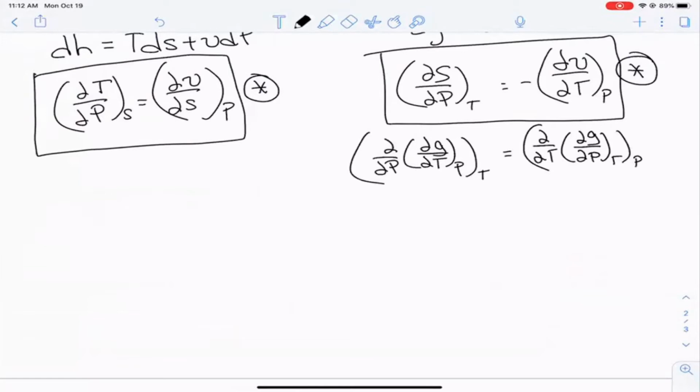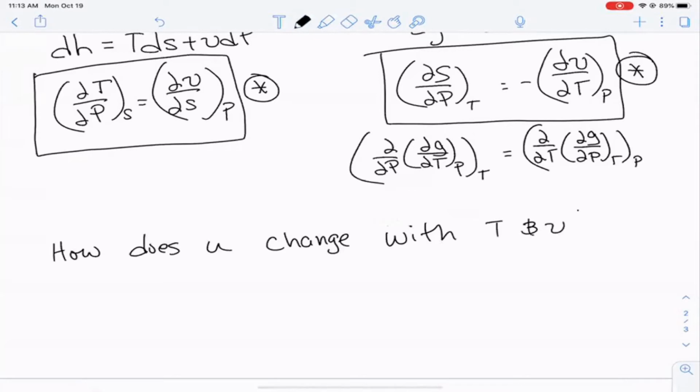And to me, the most obvious place to start, a logical question, is how does this thing that we postulated existed, the internal energy, change with variables that we actually know something about, like temperature and volume? So let's try to answer that question.